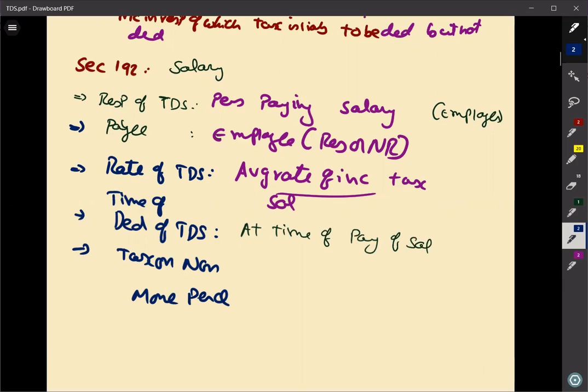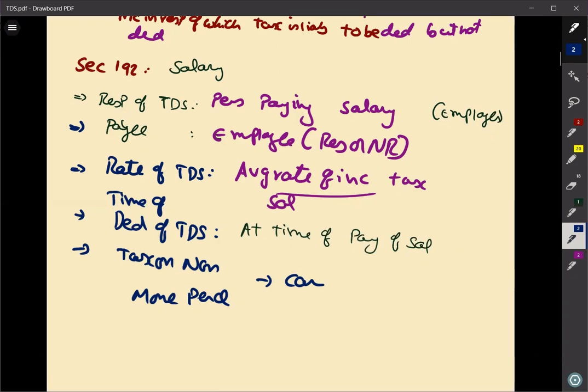Any perquisites which are not in the form of money, any perquisites which are in the form of facilities, are called non-monetary perquisites. Say, for example, the employer is giving you a car. A car is not money, a car is a facility. So I will call the car facility a non-monetary perquisite.